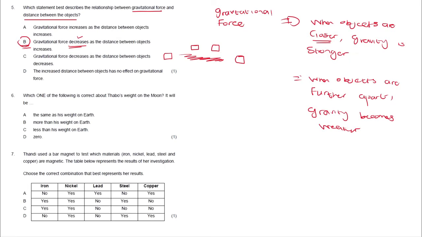Okay, and then next we will move to question 6. Question 6 says: which one of the following is correct about Turbo's weight on the moon? So we need to understand the relationship between the moon and the earth when it comes to this question.